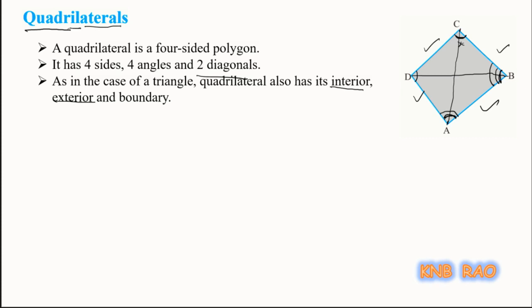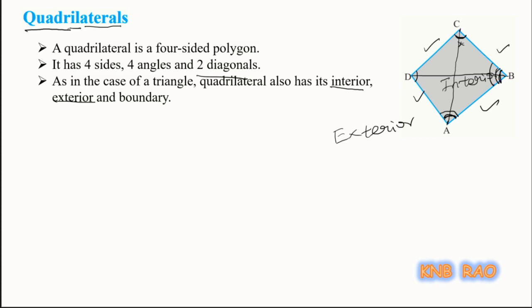The boundary of the quadrilateral separates the entire plane into two parts. First, the inside portion, which is called interior, and the outside portion, which is called exterior. So even in a quadrilateral we have an interior and exterior part.